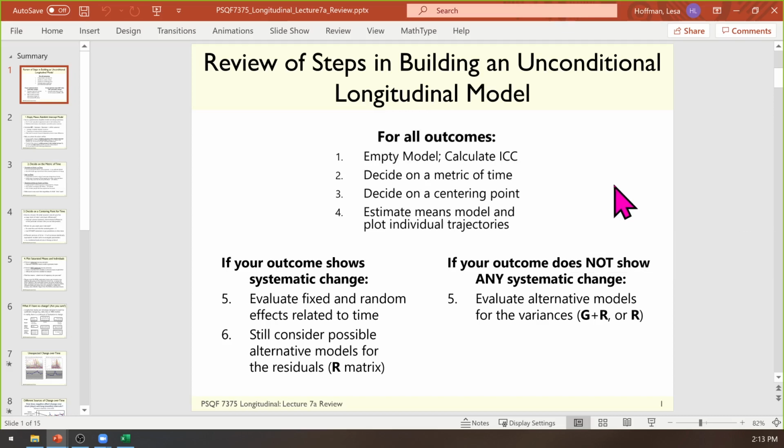So any variable that is measured repeatedly over time should have an intraclass correlation. The distinction of outcome versus predictor is conceptual, it's not mathematical. And the reason that I say that is the kind of variance that a predictor has is going to logically constrain the kind of effect that it can have in a model.